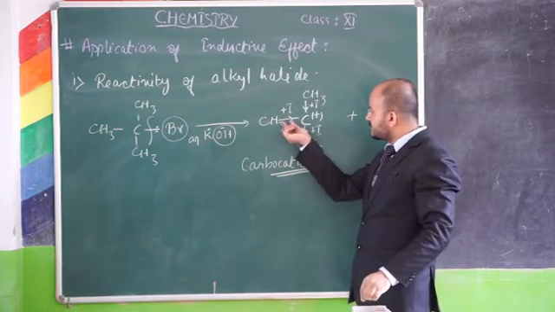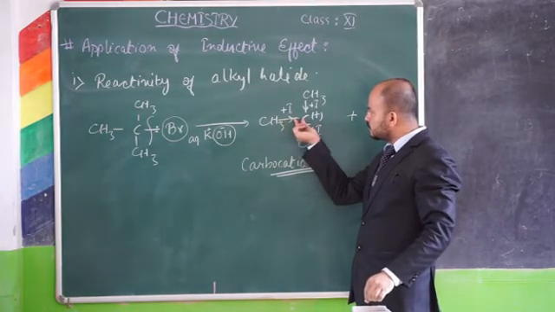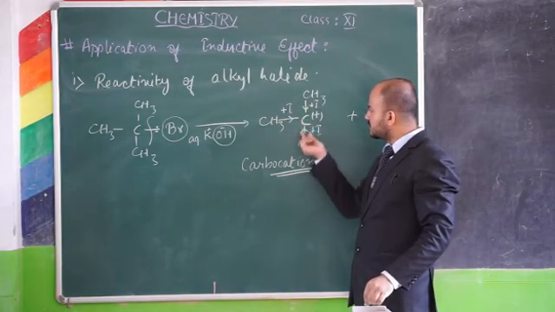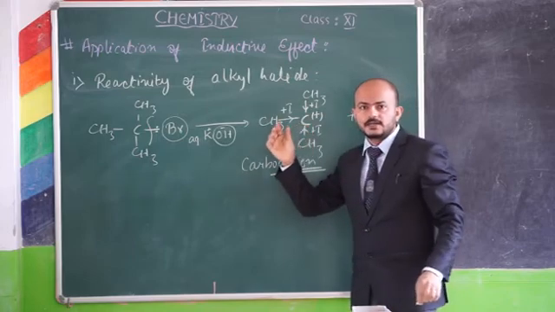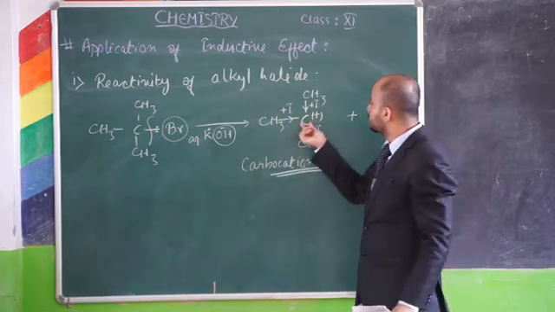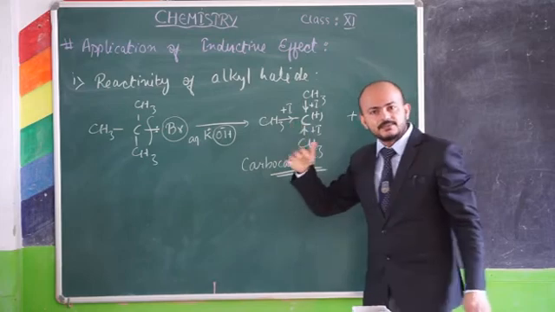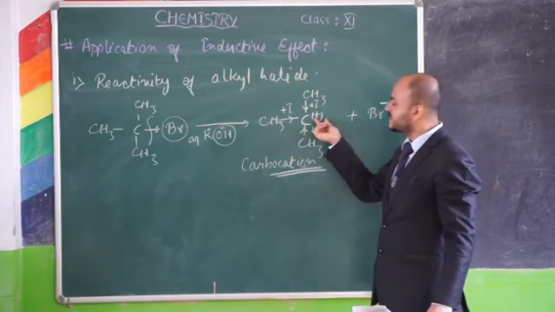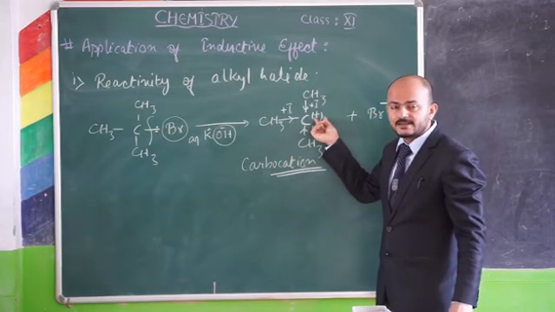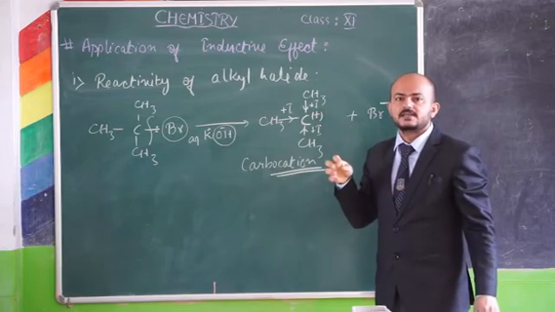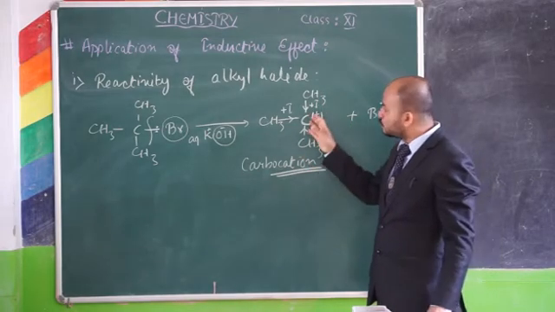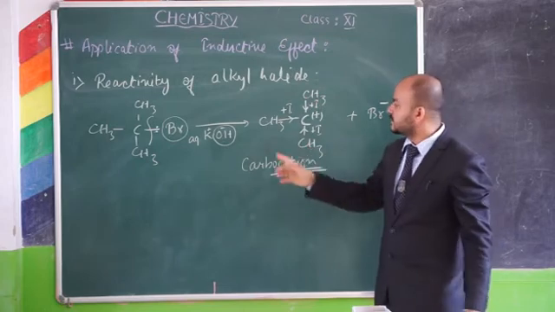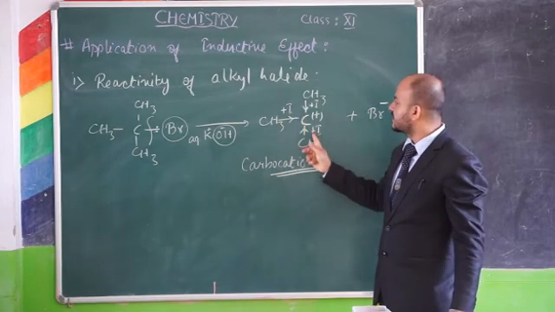They are shifting the pair of electrons towards this central carbon. That means now the electron density over this carbon will increase, and before, you can see that it is already having the positive charge. That means it is deficient in electrons, and that deficiency of electrons is being fulfilled by this plus I effect.